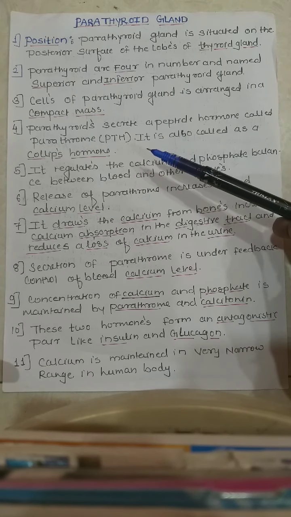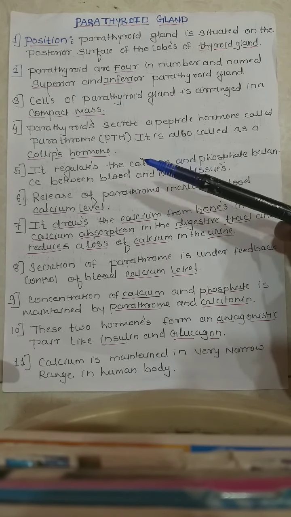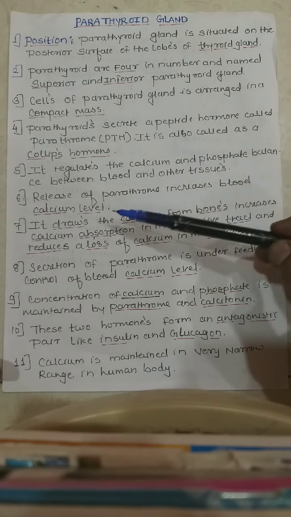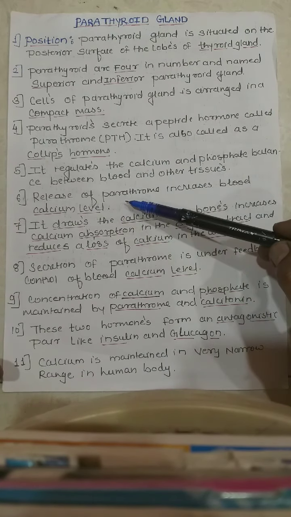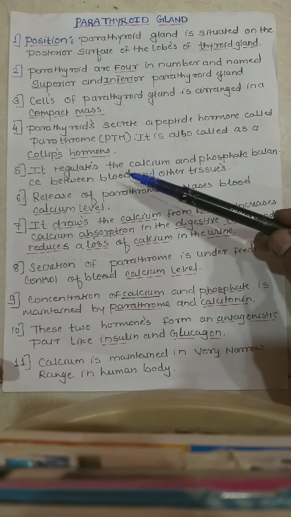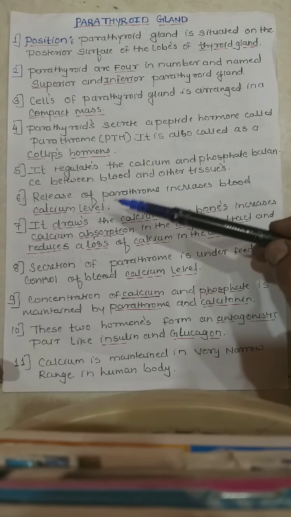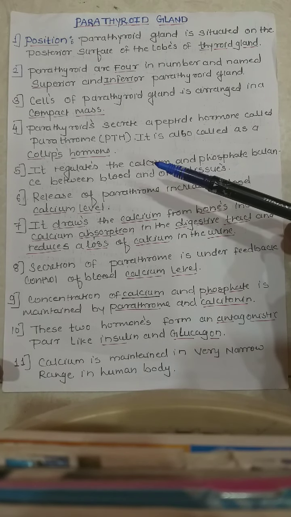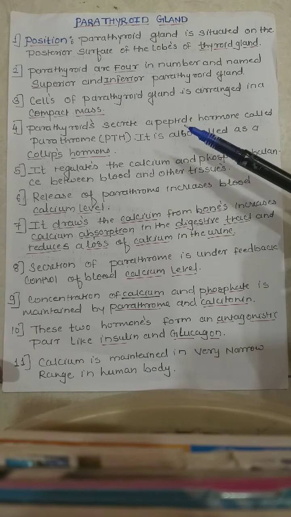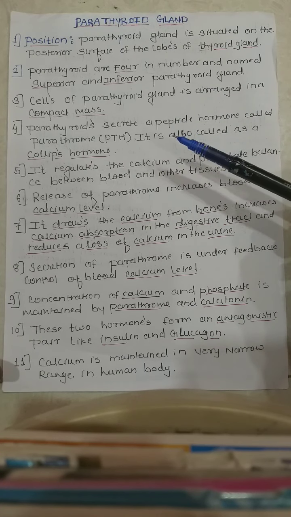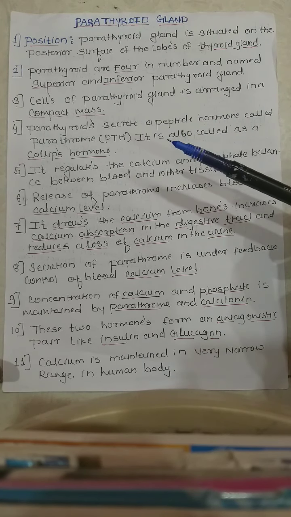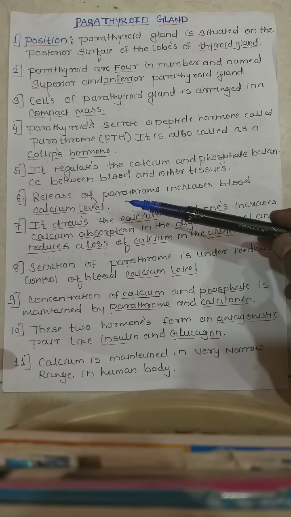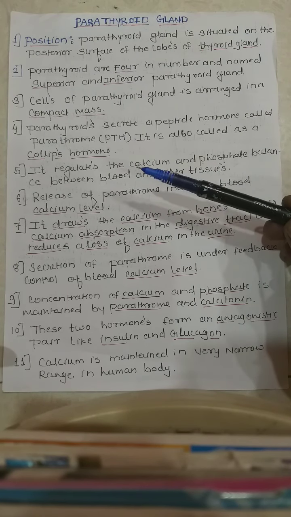When this hormone, parathormone or Collip's hormone, gets released, it increases the calcium level in the blood. In the last lecture, we discussed that the thyroid secretes thyroxine, that is T3 and T4, and one more hormone, thyrocalcitonin, or calcitonin.